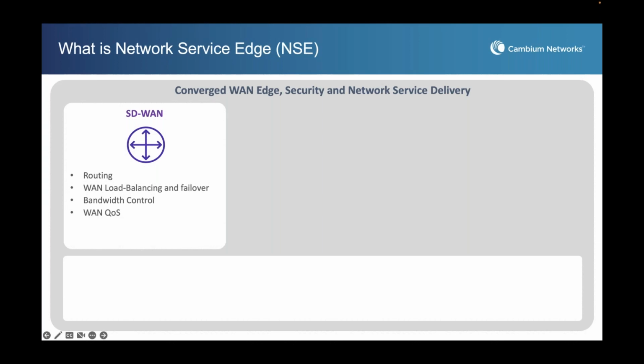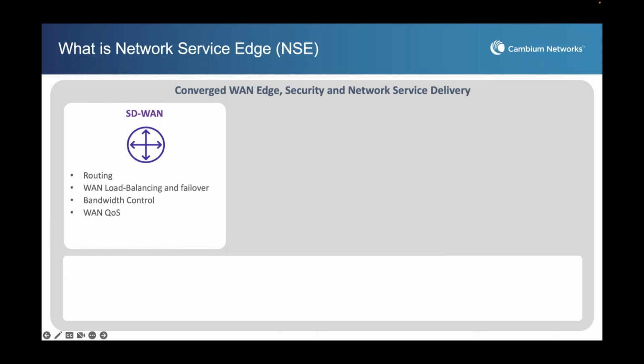So the first pillar of this platform, Network Service Edge, is SD-WAN. It provides routing capabilities, and at this point we have static routing. It does WAN load balancing. So for the two WAN links we have, you could do load balancing. There is automatic failover. You could use one WAN link as a backup. You could do traffic shaping based on applications.